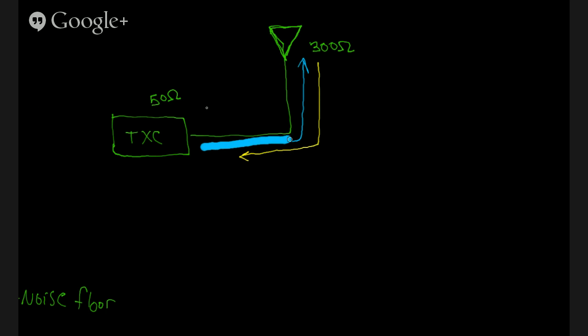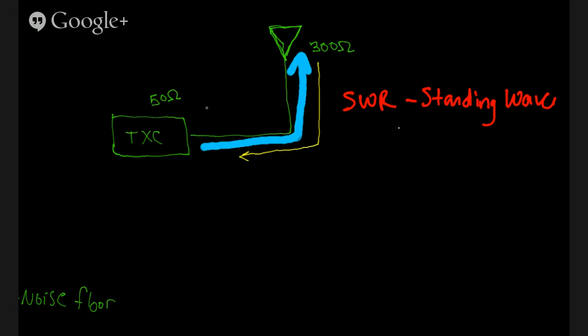So we have all that power going into our antenna system with a bit coming back. And we measure that efficiency in SWR, or standing wave ratio.